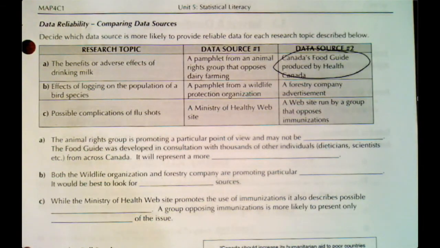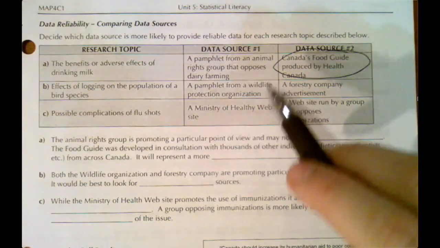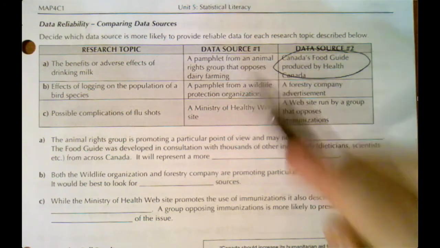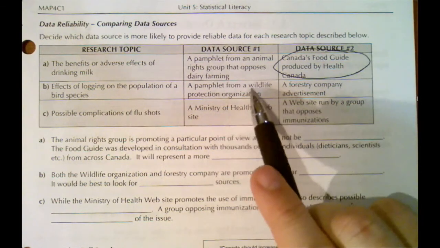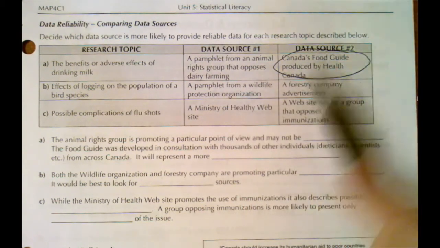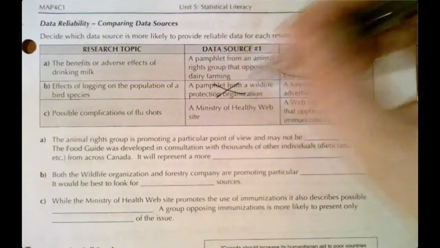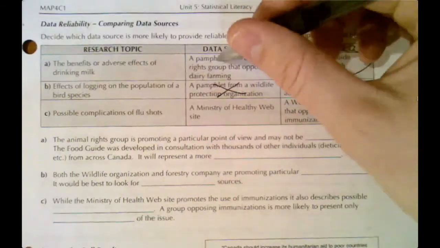It would supply unbiased data, whereas this pamphlet from animal rights opposing dairy farmers would probably be anti-farming, pro-animal rights, not anti-animal rights. Effects of logging on a population of bird species: a pamphlet from a wildlife organization or a forestry company advertisement. We're not going to use either of those, so there's actually no right answer to this one.